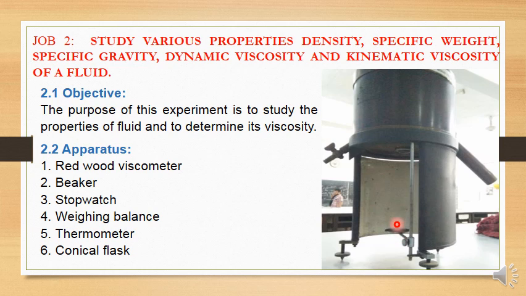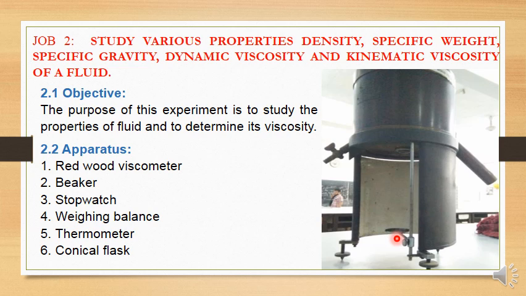Here you can see a frame or a stand. Here we are going to put a flask, so that the fluid filled in this container is allowed to fall down through this opening and be collected in the flask placed over here.